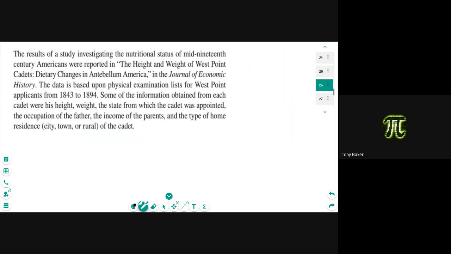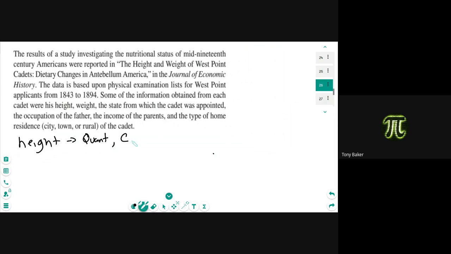All right. What's one of the variables? Qualitative or quantitative? Discrete or continuous?